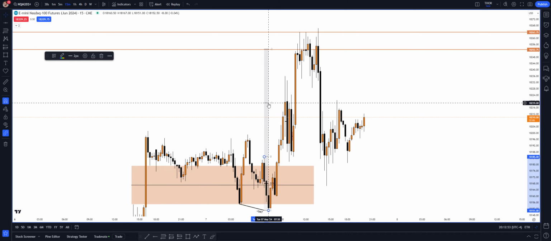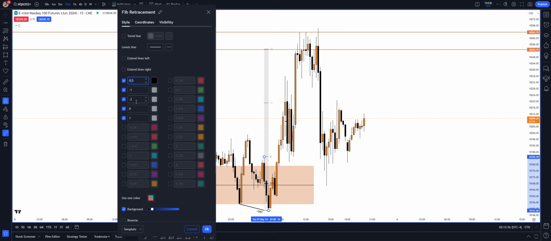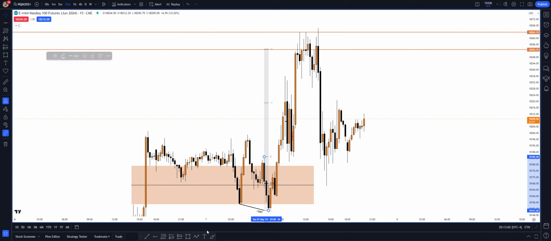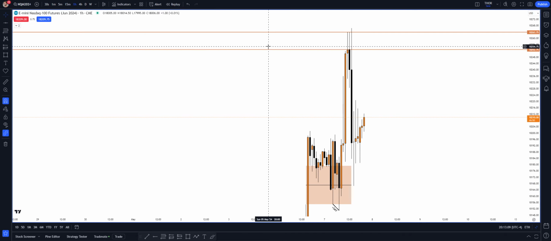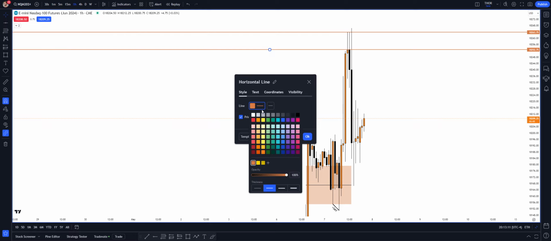I think it reached -2.5, I believe. Oh, no, actually, it failed to go there. Okay, -2. So let's see, -2 is also the bodies on the hourly chart. I want to see what's there. This is a major level, I think.